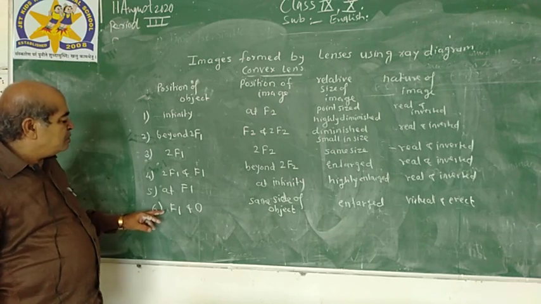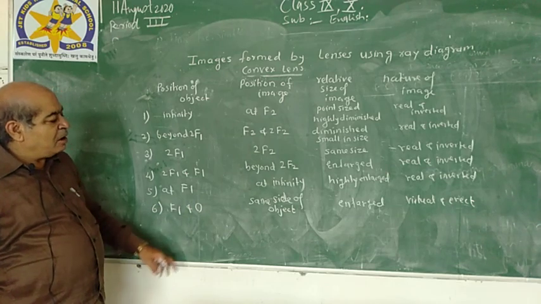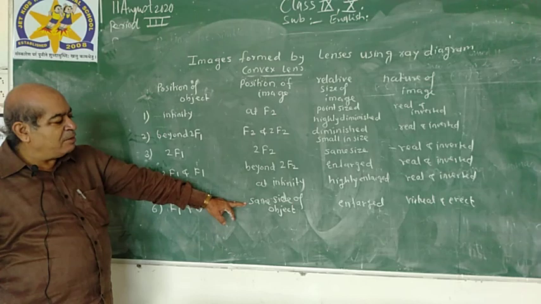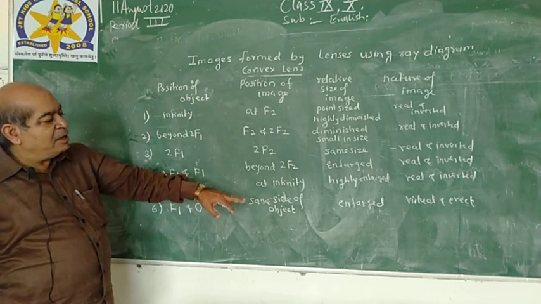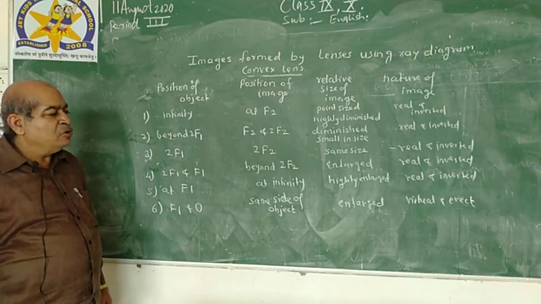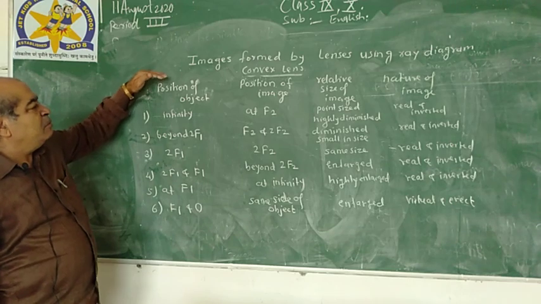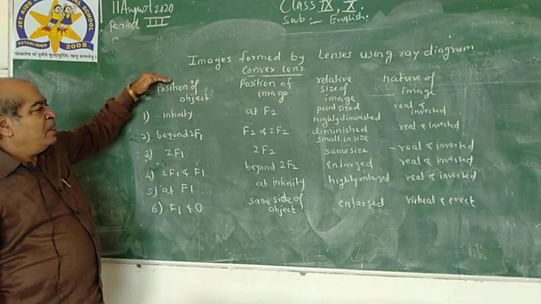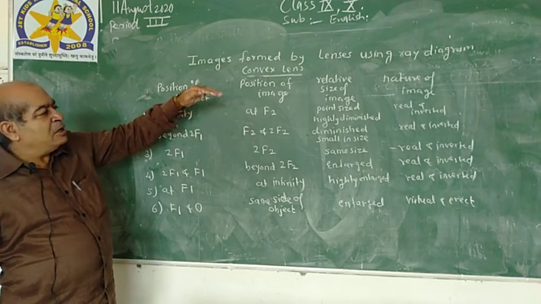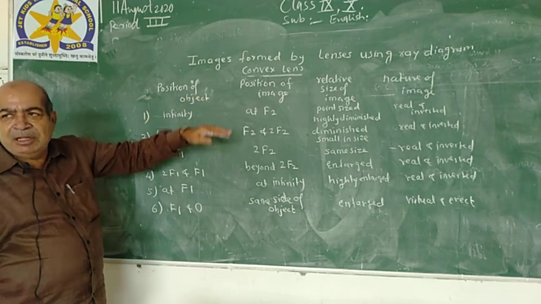And when the object is in between f1 and O, the image is formed on the same side of the object. It is enlarged and the image formed is virtual and erect. So these are the different positions of the object and the corresponding position of image, relative size of image and nature of image.